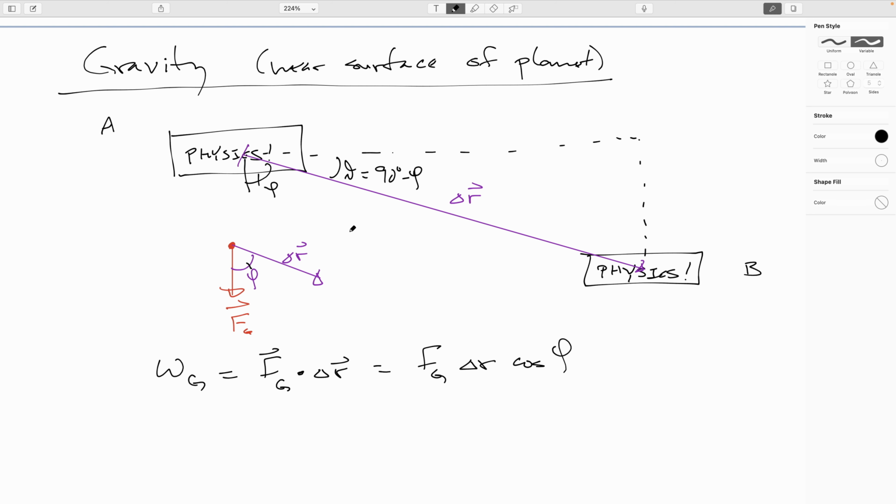I can remember that the cosine of an angle is equal to the sine of 90 minus the angle. So this will be FG delta R times the sine of that angle theta. But the sine of that angle theta gives this distance right here, which is my delta R sine theta.